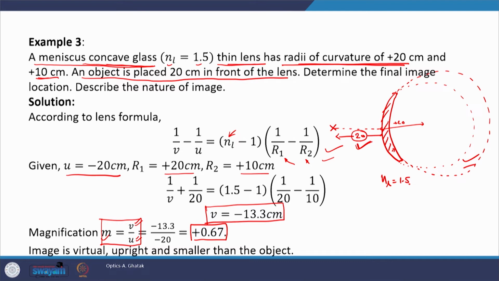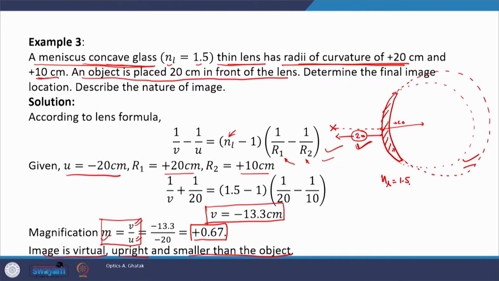The second information from the value of magnification is that the image is smaller than the object, because m is less than 1. Magnification is the ratio between the height of image and object. Therefore, the image will be smaller than the object. Image is virtual, upright and smaller than the object.